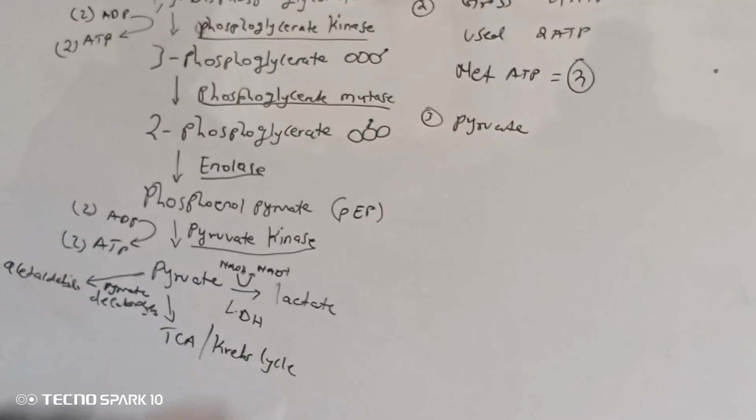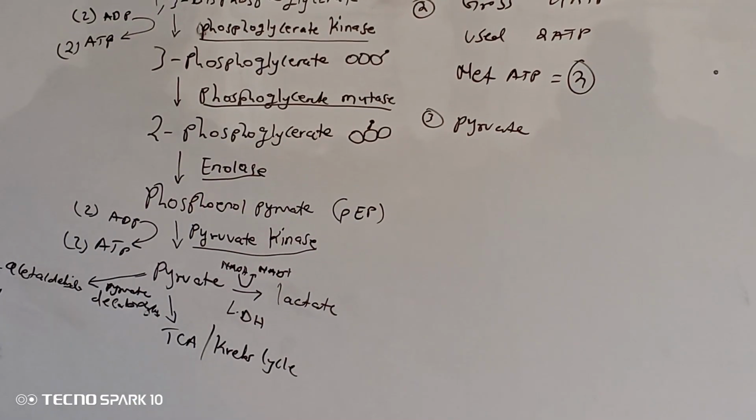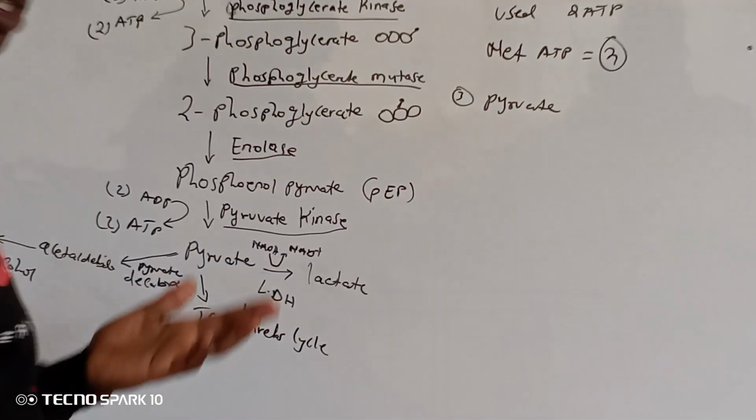Pyruvate can go to lactic acid fermentation, alcohol fermentation, or the Krebs cycle based on whether there's oxygen or not.